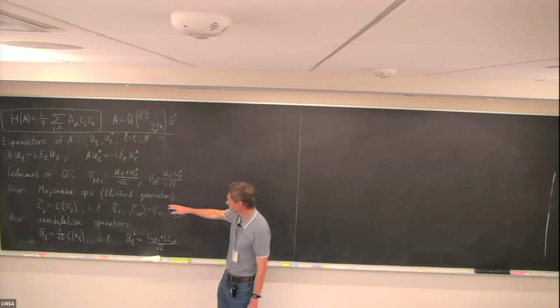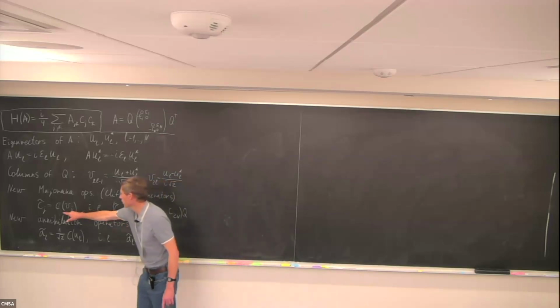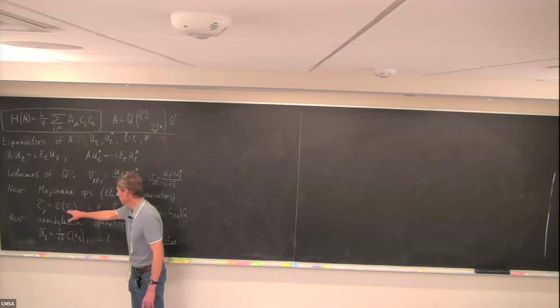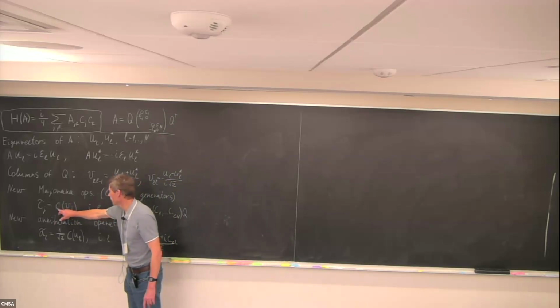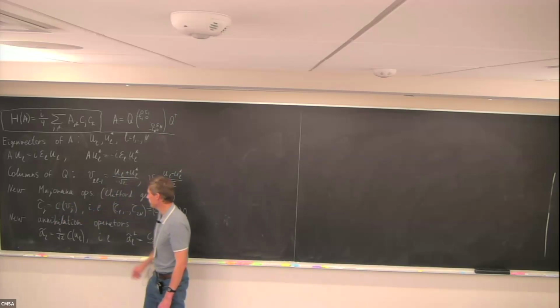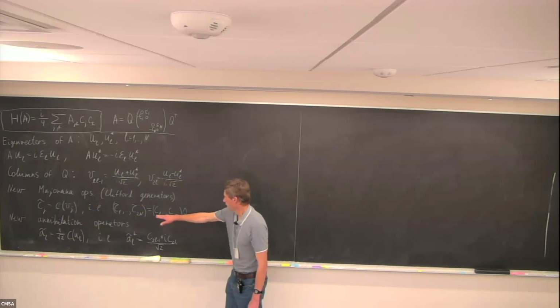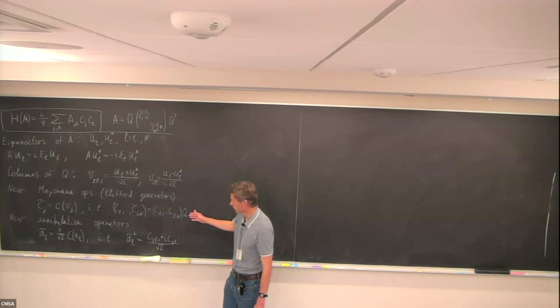Then we can define new Majorana operators, or new Clifford generators, C tilde j, which are linear combinations of the original Majoranas with the coefficients V sub j. And this is an equivalent expression.